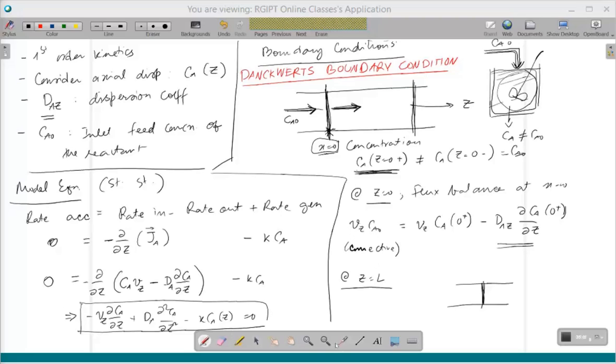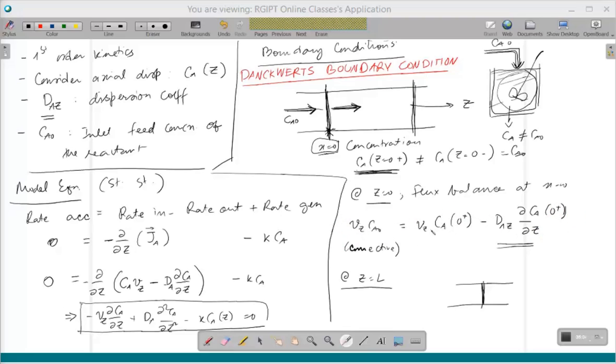At x equal to 0, I have both convection and diffusion playing a role from the right-hand side, whereas only convection gives rise to flux from the left-hand side. If you equate the flux on both sides, we are going to get this equation.